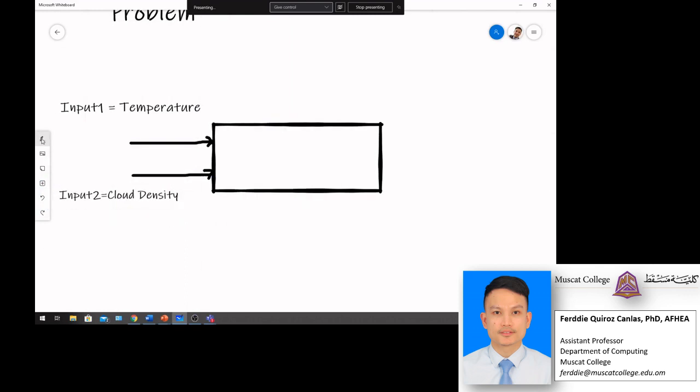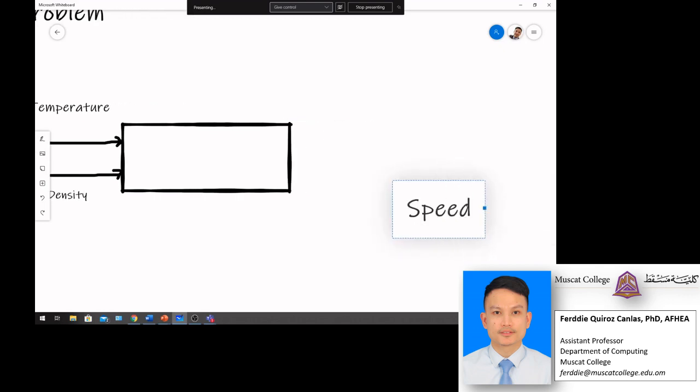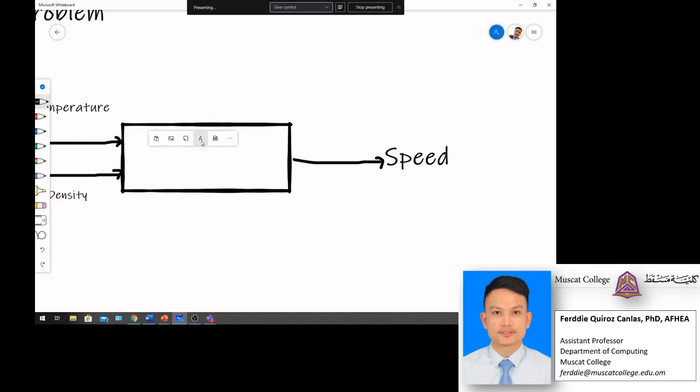So your output, they want you to calculate the speed, or what should be the speed of the driver. This in the middle, we call it the fuzzy system.